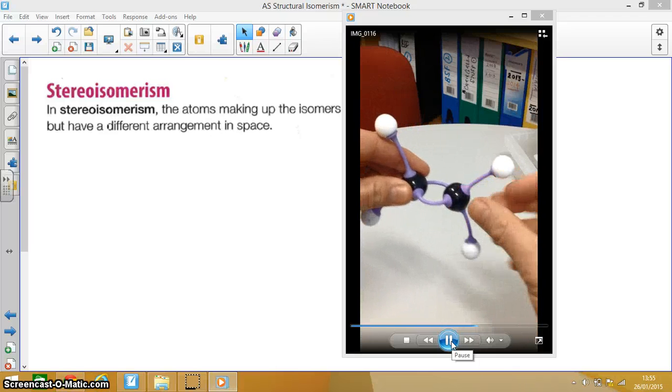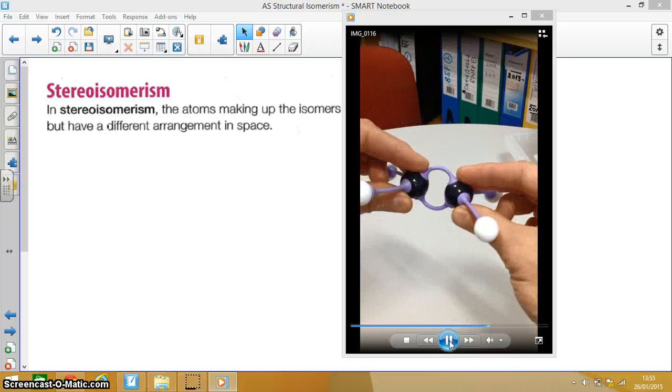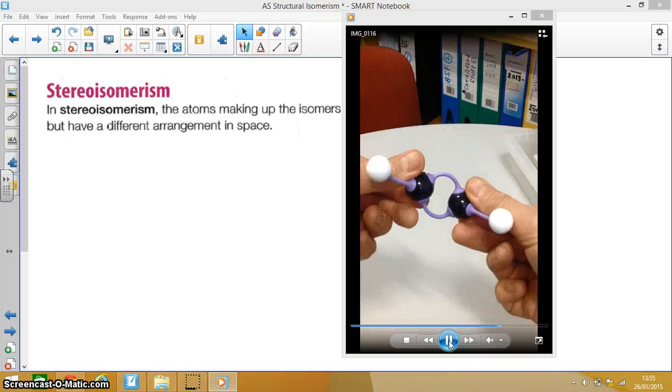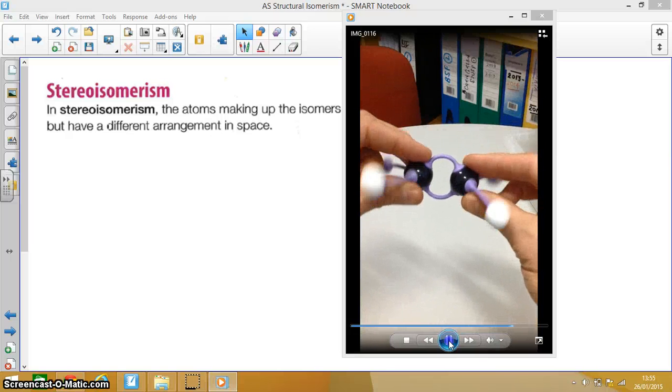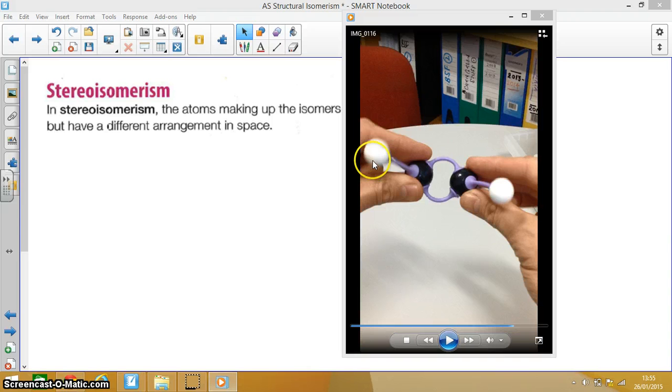It holds those atoms in a set location. And you can see from the illustration that we have effectively a single plane of atoms held by this carbon-carbon double bond.